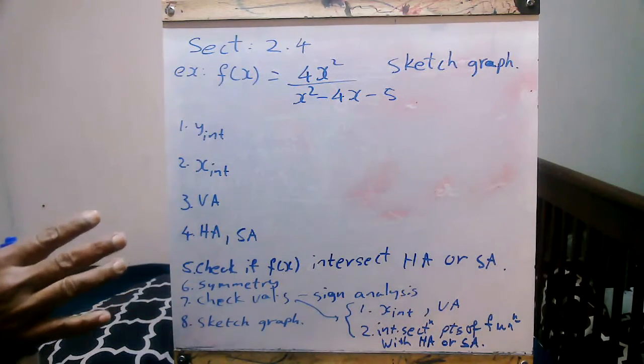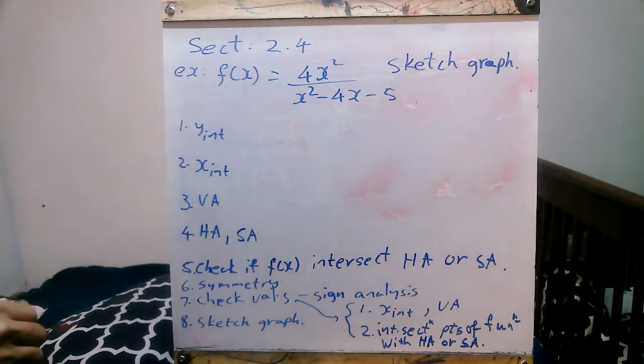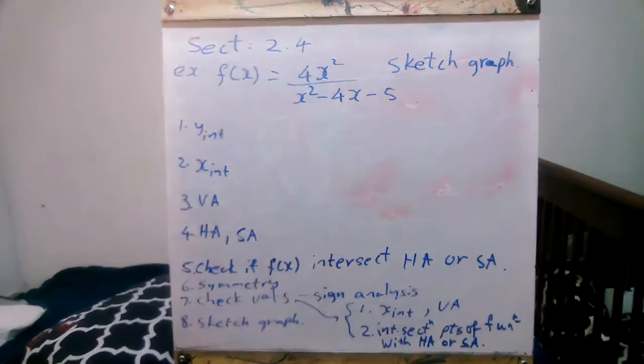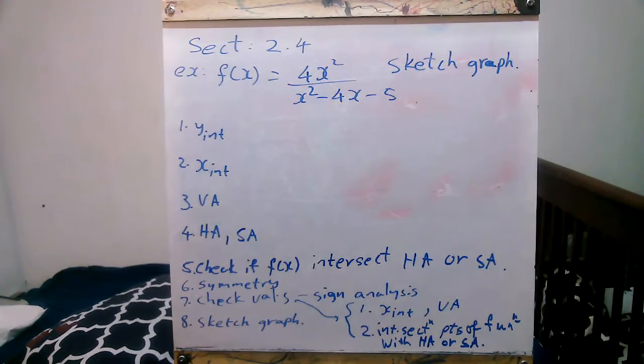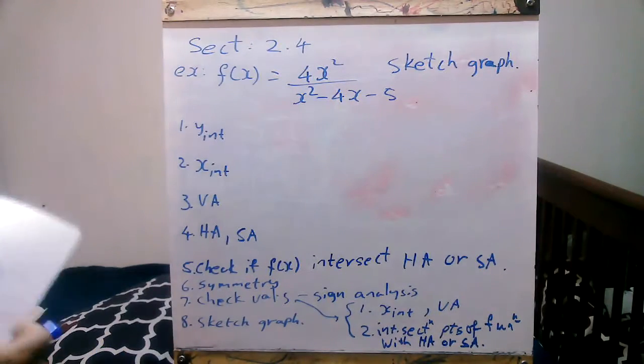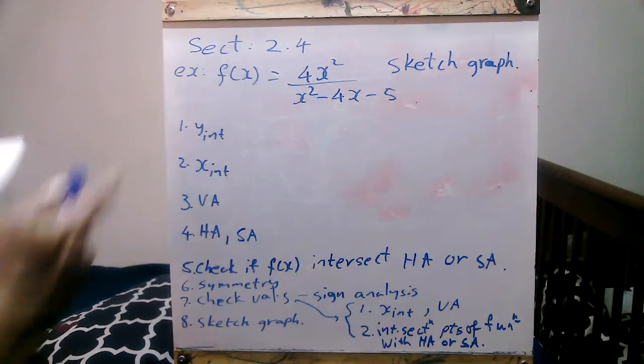Sometimes the function never intersects horizontal asymptotes or slanted asymptotes, but sometimes the function does intersect those. Then with that, as step 8, we can sketch the graph. Okay, let's see how we find this.